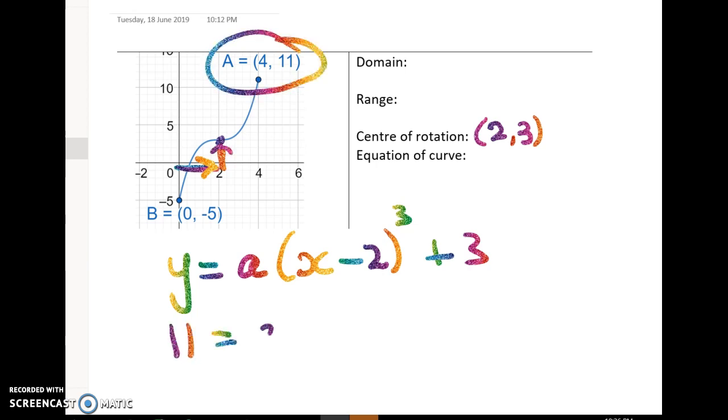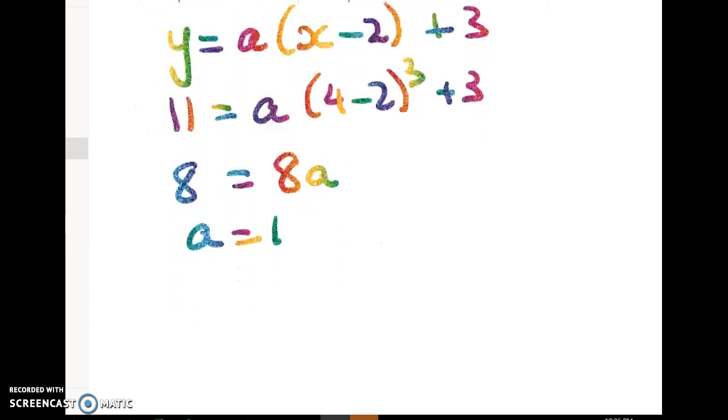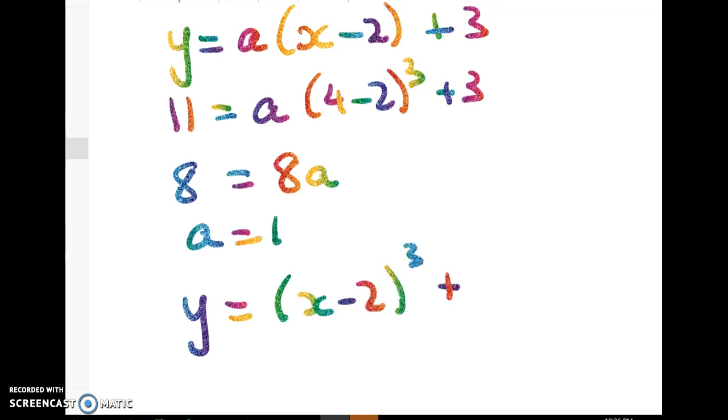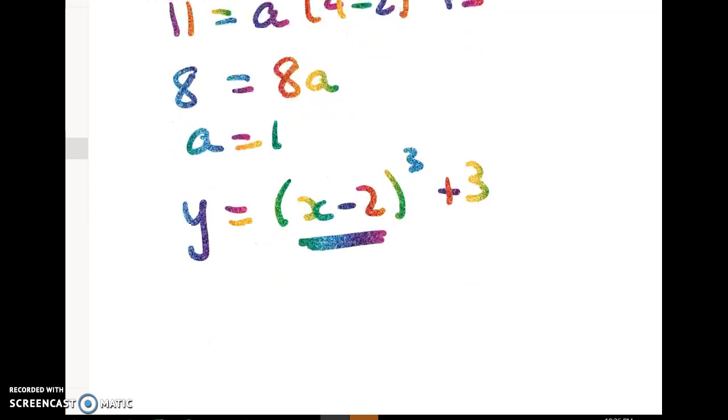I get 11 equals a times (4 minus 2) cubed plus 3. That gives me 8 equals 8a, so a equals 1. In other words, there's no vertical stretch. So y equals (x minus 2) cubed plus 3. Notice one more time, I've got a horizontal shift that way, and a vertical shift that way.